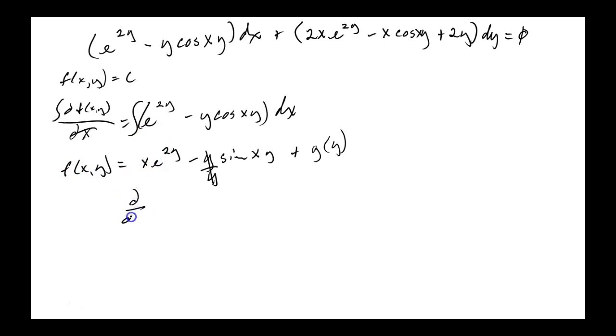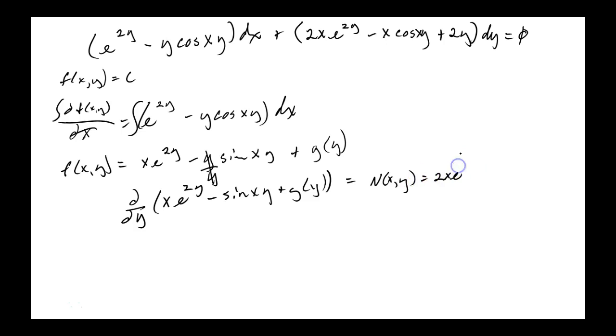The partial with respect to y of this thing here, x e to the 2y minus sine xy plus g of y, and that needs to be N of xy, because the partial of alpha is N of xy, which is 2x e to the 2y minus x cosine xy plus 2y. Okay, we'll get there in a minute.